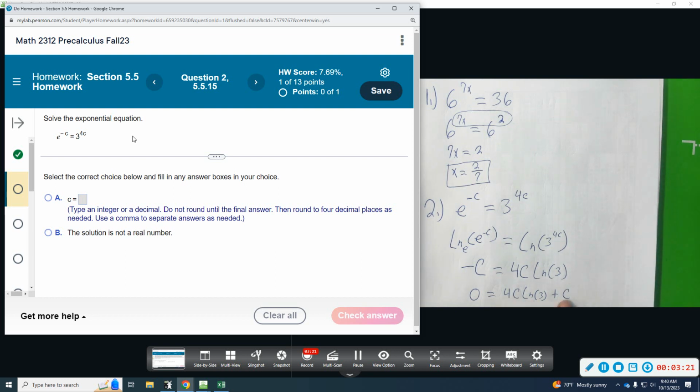So now that I have both those c's on the same side, I'm going to factor out the c. So this will give me 0 equals, I'm going to pull out the c, so it's going to be parentheses 4 ln of 3 plus 1.